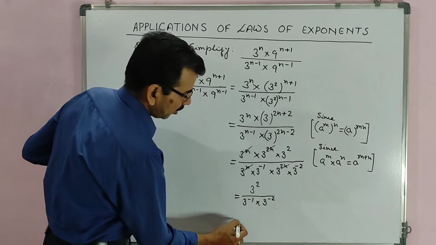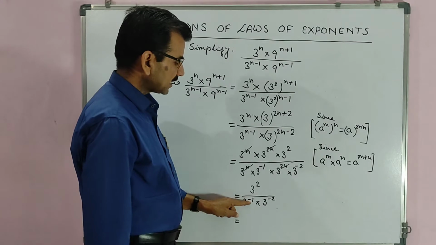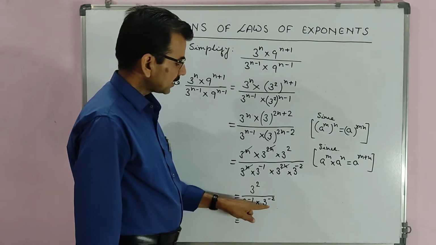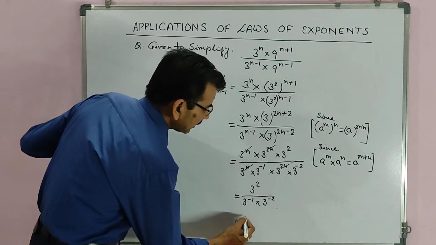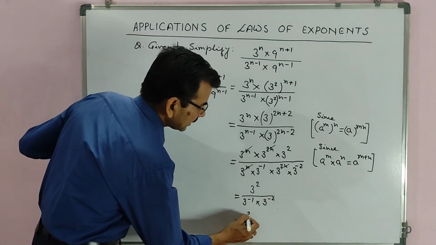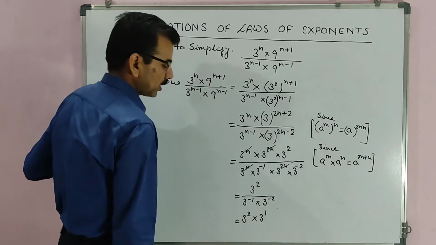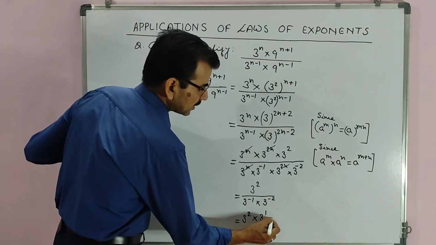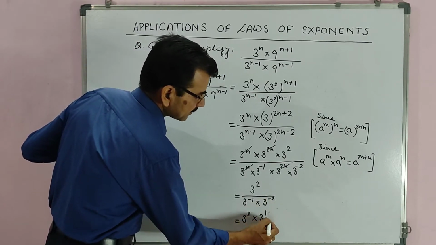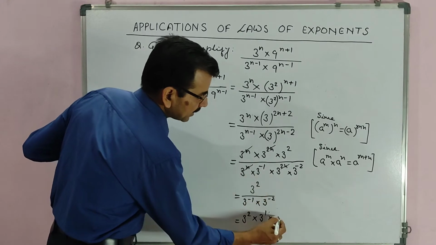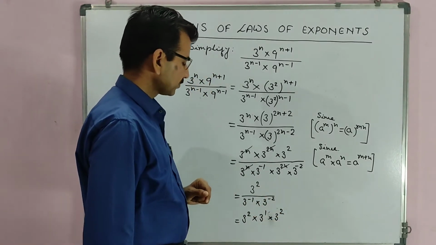Or we can simplify in this form. 3 raised to power minus 1 we can take to the numerator, and 3 raised to power minus 2 also we can take to the numerator. So finally we write 3 square. The power sign will change, then the power will be positive. 3 raised to power 1, 3 raised to power 2.